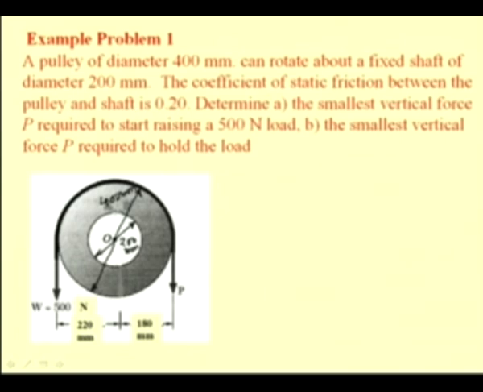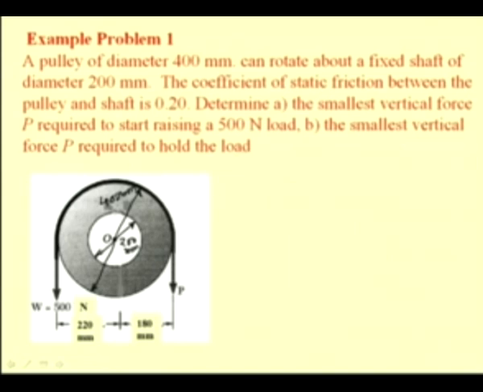We are interested to determine the smallest vertical force P required to start raising a 500 Newton load. So, we have this 500 Newton load attached to a belt passing over this pulley, and this force P is being applied in order to raise it. Secondly, we are interested in finding the smallest vertical force P required to hold the load.